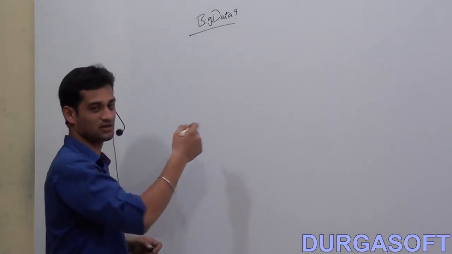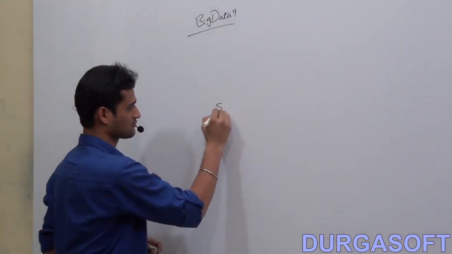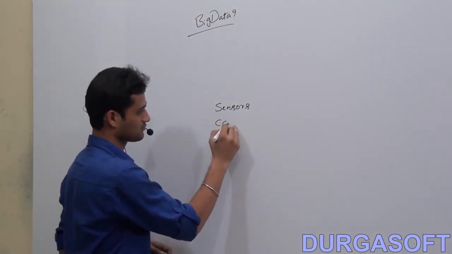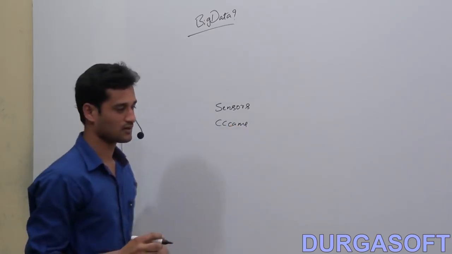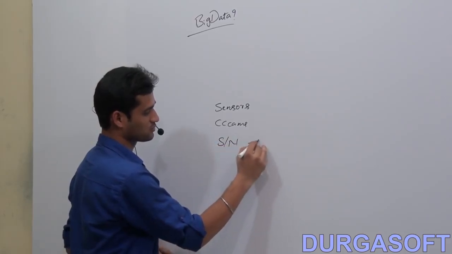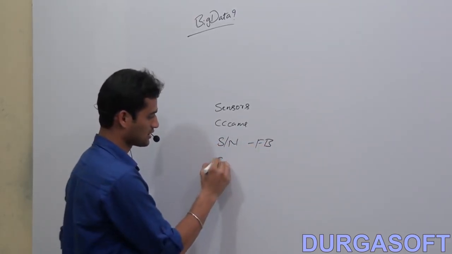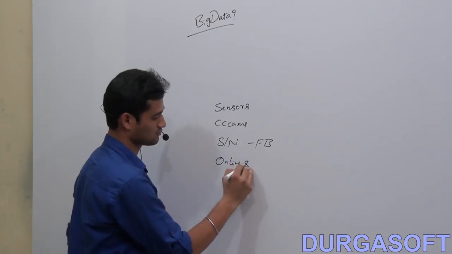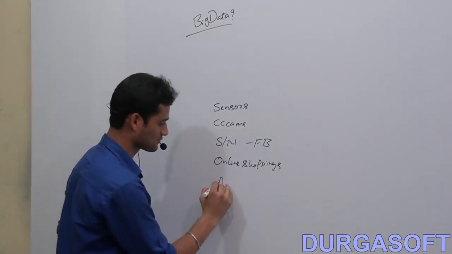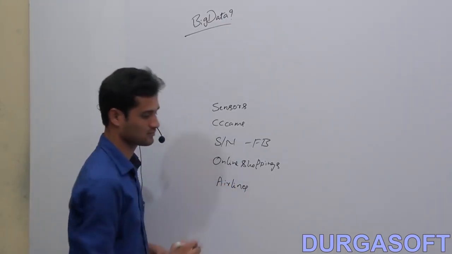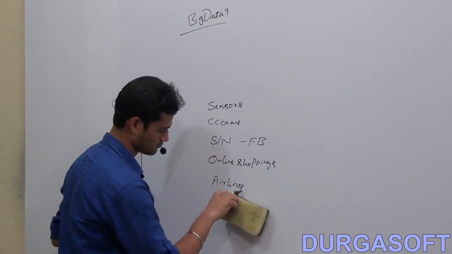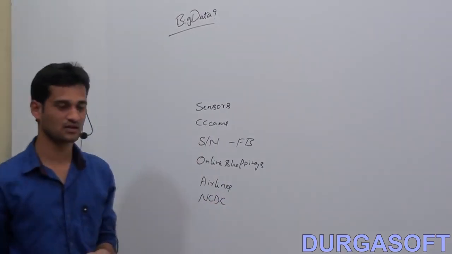If you look, there are different data generating factors, like sensors, CCTV cams, social networks like Facebook, online shopping, airlines, NCDC, hospitality data.